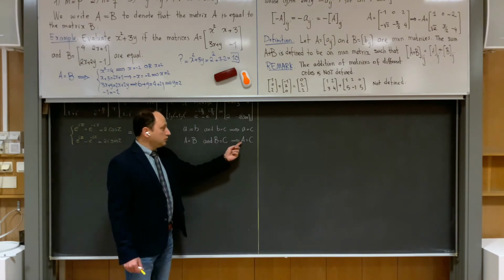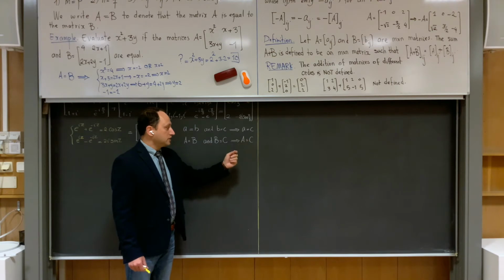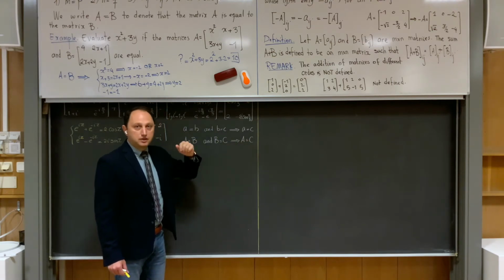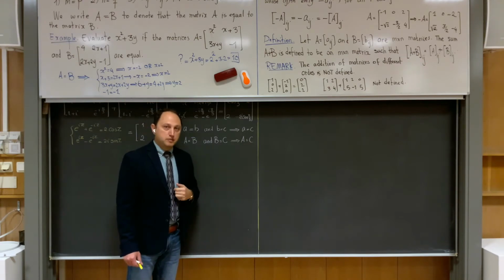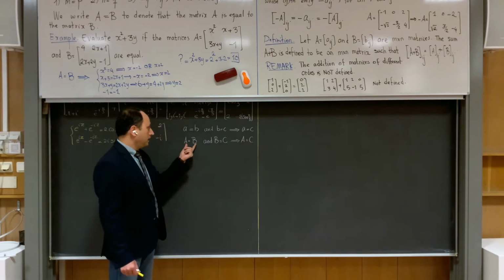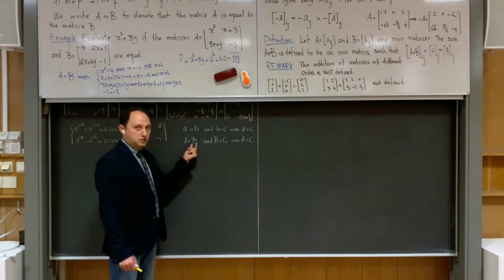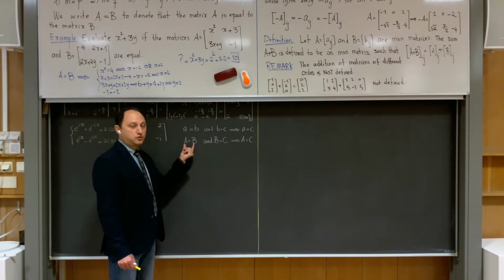So, for example, how do you want to show such a thing is correct for matrices as well? You want to conclude that two matrices are the same. According to the definition, you need to show that they have the same order. How should I convince myself about that? I go back here. You tell me that matrix A is equal to matrix B, so these two matrices should be of the same order because of the definition.